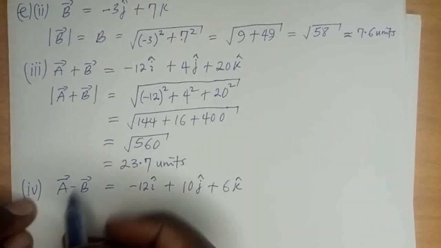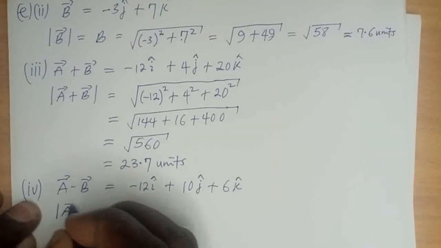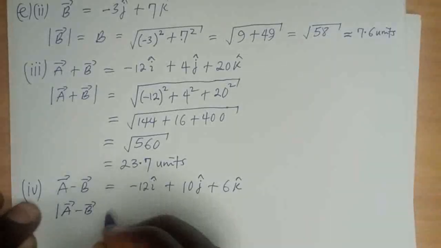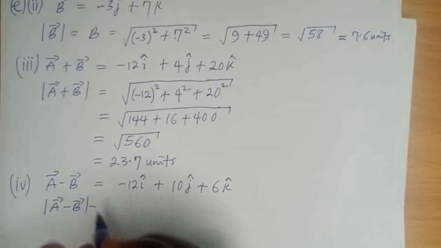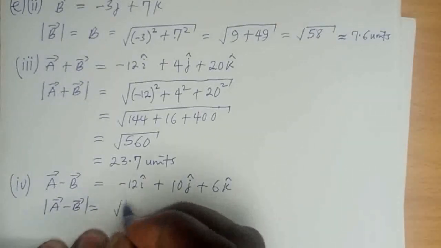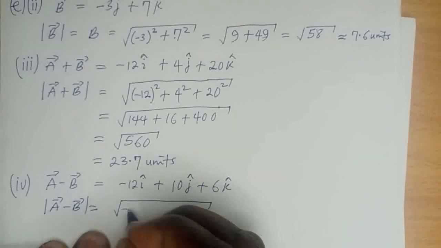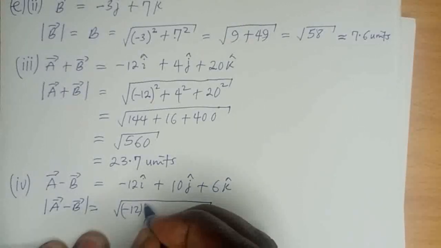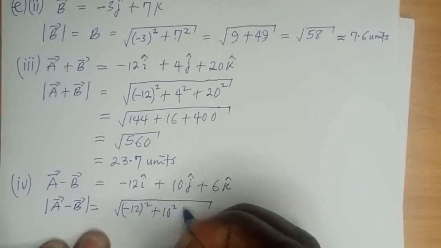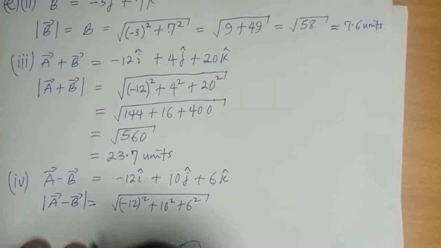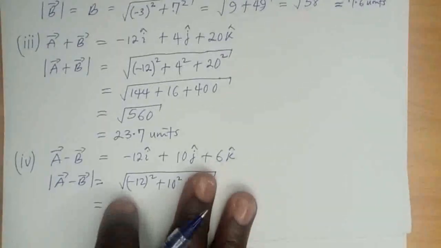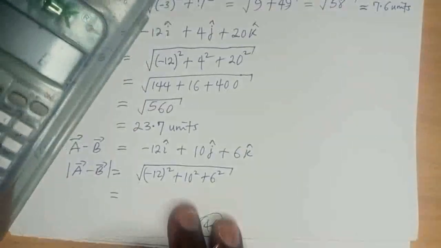If we want to get the magnitude of A minus B, it is simply the square root of minus 12 squared plus 10 squared plus 6 squared. I will use the quickest method.